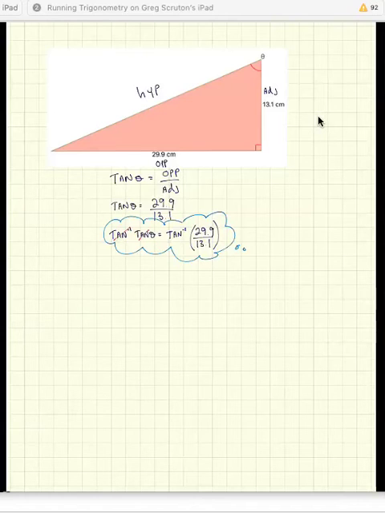The next step you do have to write, it's very important. We get theta is equal to the inverse tan of 29.9 divided by 13.1. Handy dandy calculator time.